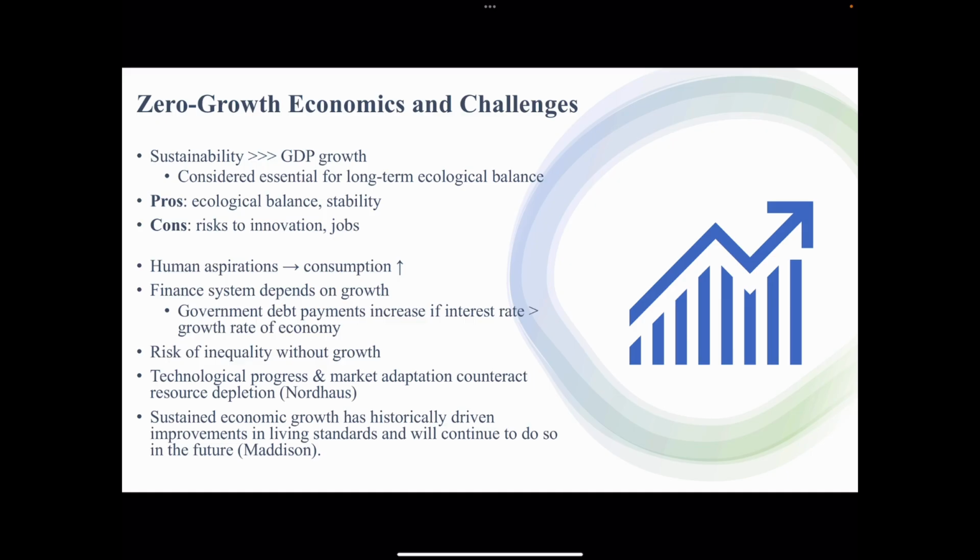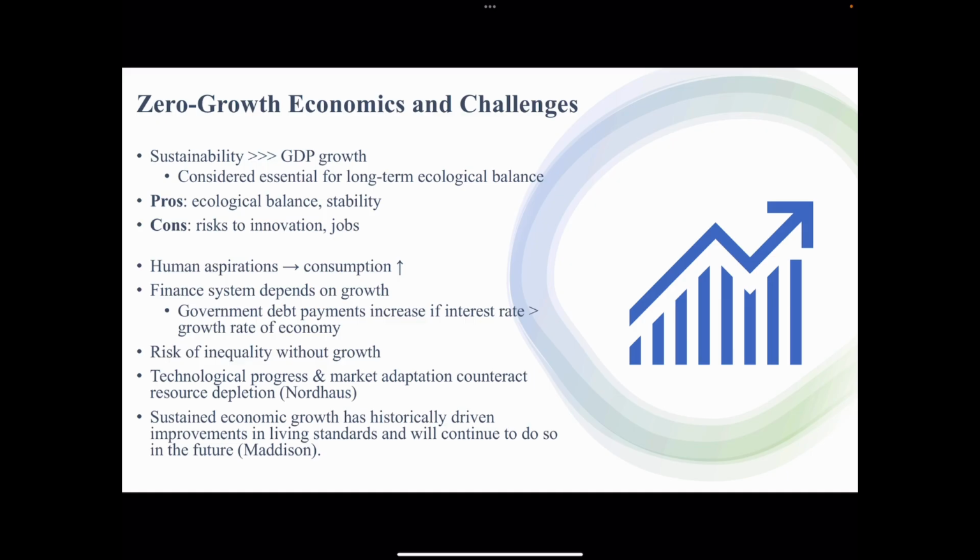If the economy is growing rapidly and it has debt, then the debt is not a problem. The risk of inequality rising is greater when you have no growth. We see that also with the pandemic.